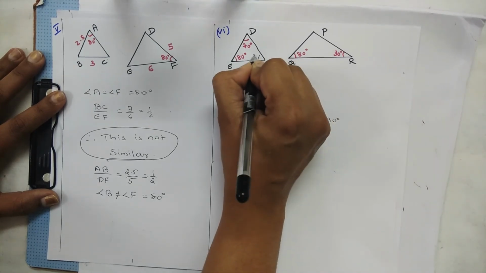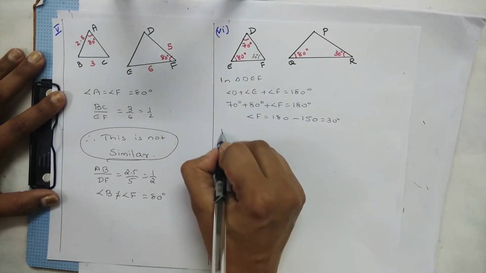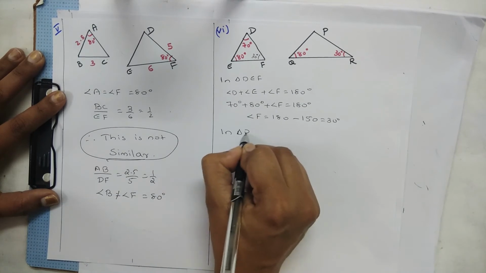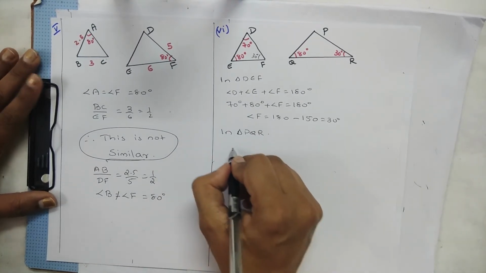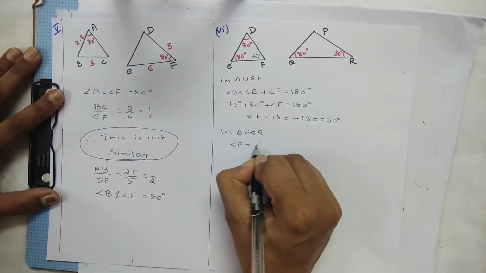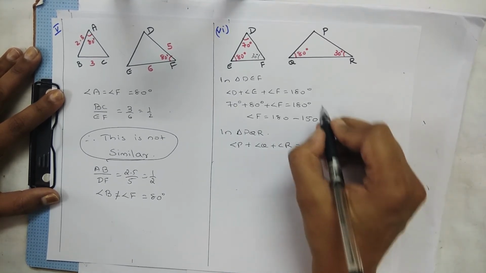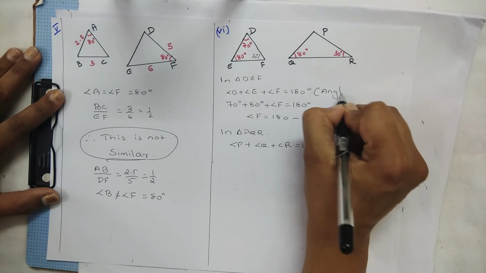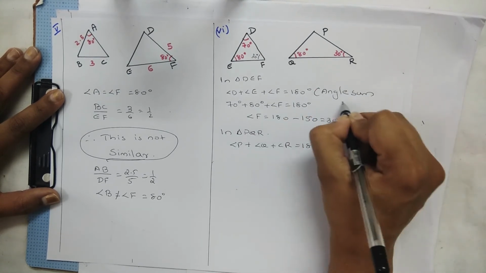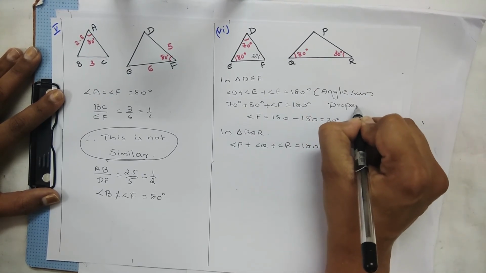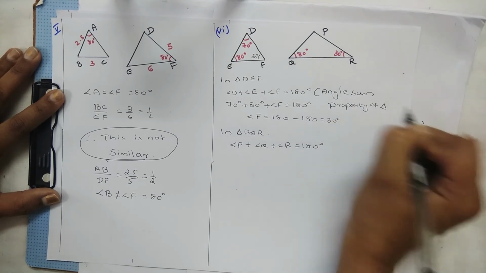So here you are getting 30 degree. Then in triangle PQR, one angle is missing, right? That we are finding out. Angle P plus angle Q plus angle R is equal to 180 degree. Here you can write angle sum property of triangle.